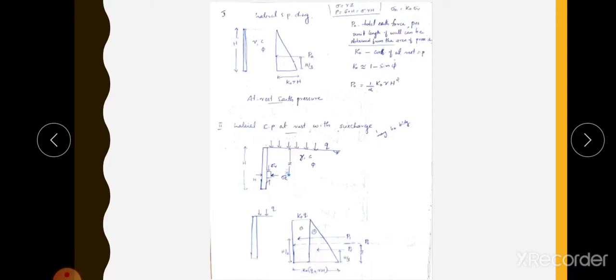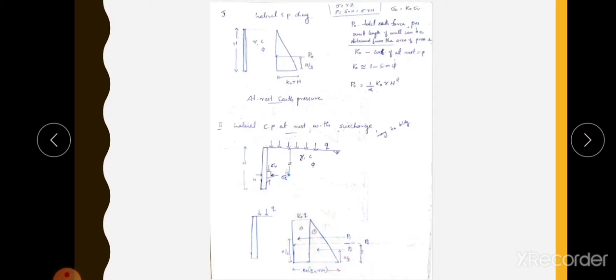At the top it will be 0 and at the bottom it will be maximum, so it is a triangle variation. Here, P1 is the pressure due to the first figure, so that will be its area, that is K0 into Q into this height h. P2 will be the total earth pressure force due to the area of this small triangle.